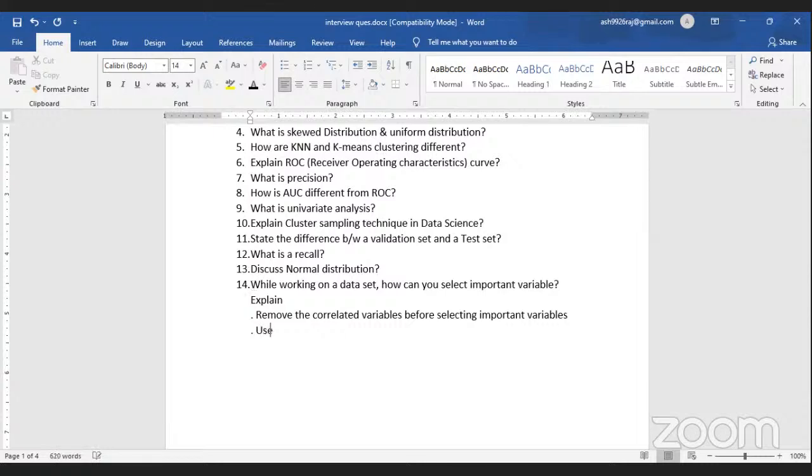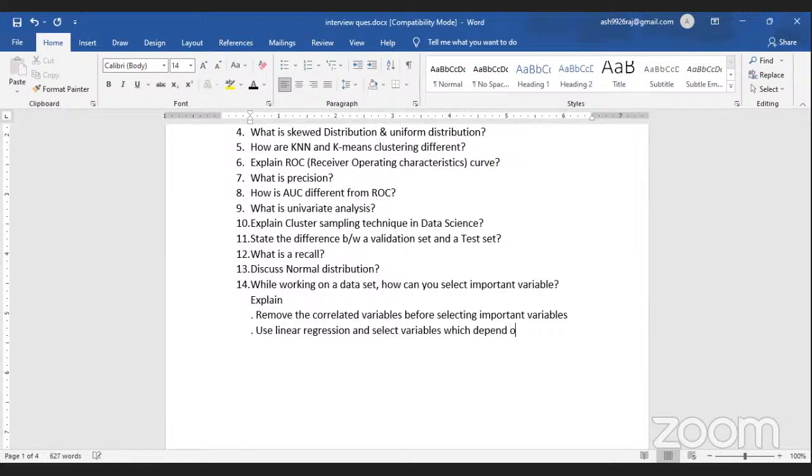Then use linear regression and select variables which depend on the p values.